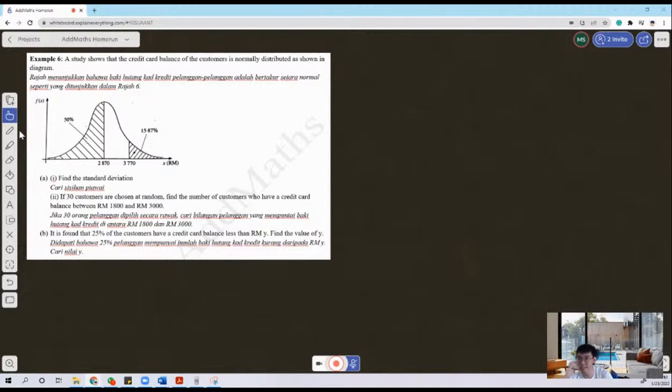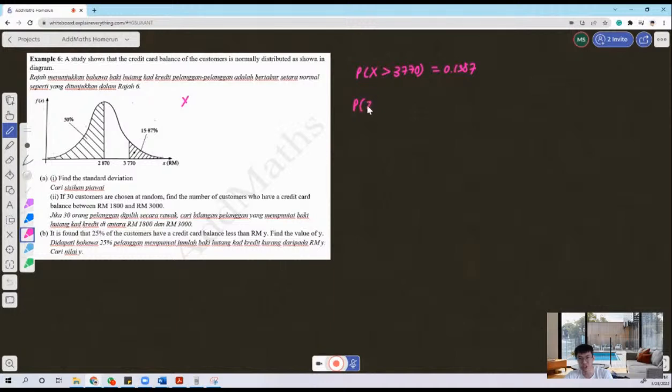In this example 6, a study shows that the credit card balance of the customer is normally distributed. I want to find the standard deviation. How to find the standard deviation? Look at this, this is my X graph. I can see that P(X > 3770) is 0.1587. This is the area, the probability.